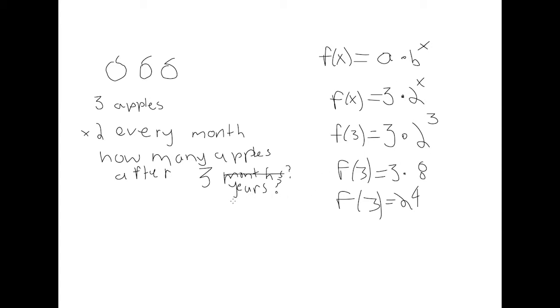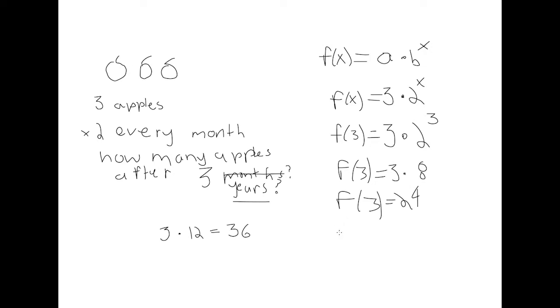Instead, we have to convert these years to months, right? So what is 3 years in months? Well, we know that there are 12 months in 1 year, right? So 3 years times 12, because there are 12 months every year, and there are 3 years. That's going to be 36 months, okay?